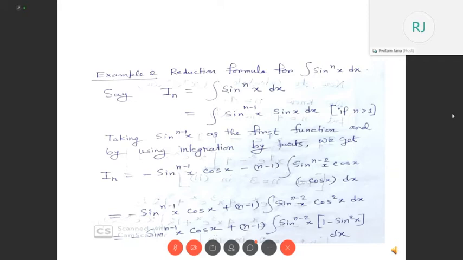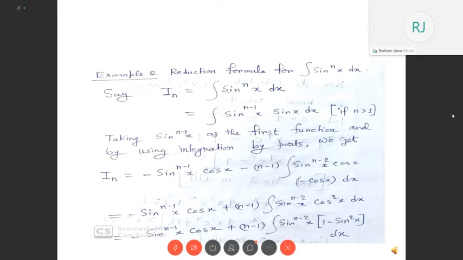Now you consider sine to the power n minus 1 x as the first function and sine x as the second function, and apply integration by parts. n is greater than 1, obviously, because if n equals 0, then you will get sine to the power minus 1 x. And we are dealing with only positive integer parameters.